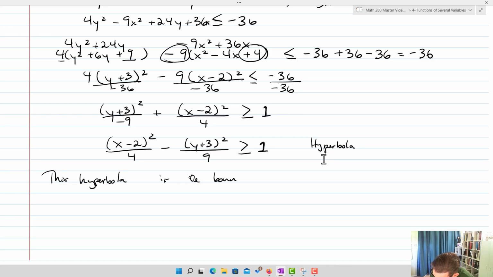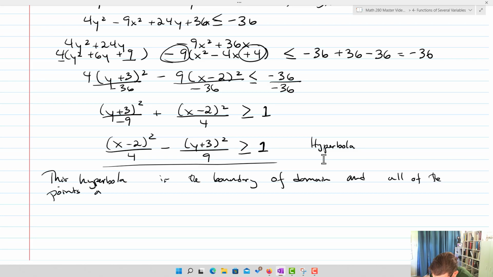That is, anything that satisfies this hyperbola and its inequality is going to be the boundary of the domain. That is, we're going to end up with a negative square root if we get in there. Okay? And all of the points on the hyperbola are in fact critical points. So all of them end up being critical points.